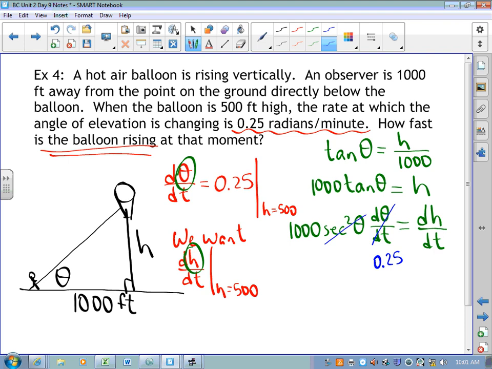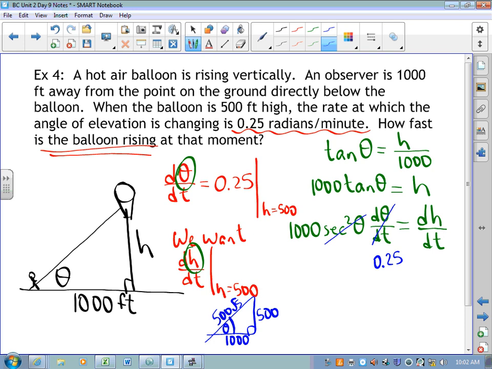So I have to imagine a right triangle at this particular moment in time. At this one moment in time. So we've got that, and then your hypotenuse. Let's see, this is a 1, 2, radical 5. That's 500 radical 5. It's a 1, 2, radical 5 right triangle.